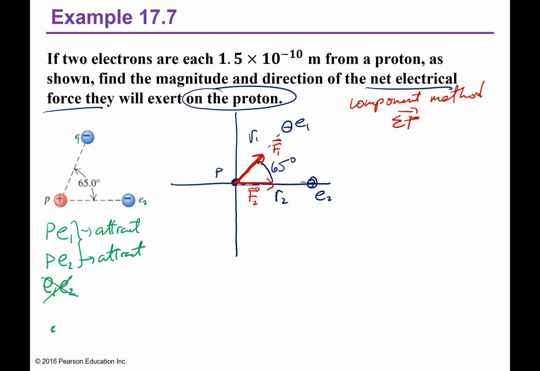Now, in terms of the vector format, I still have this: net force equals F1 plus F2. But I cannot just simply add them together because F2 is horizontal, but F1 has components in both horizontal and vertical directions.